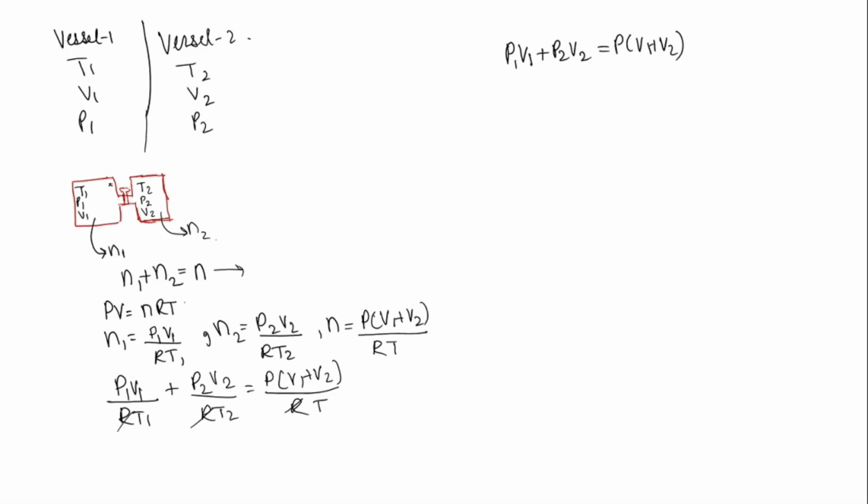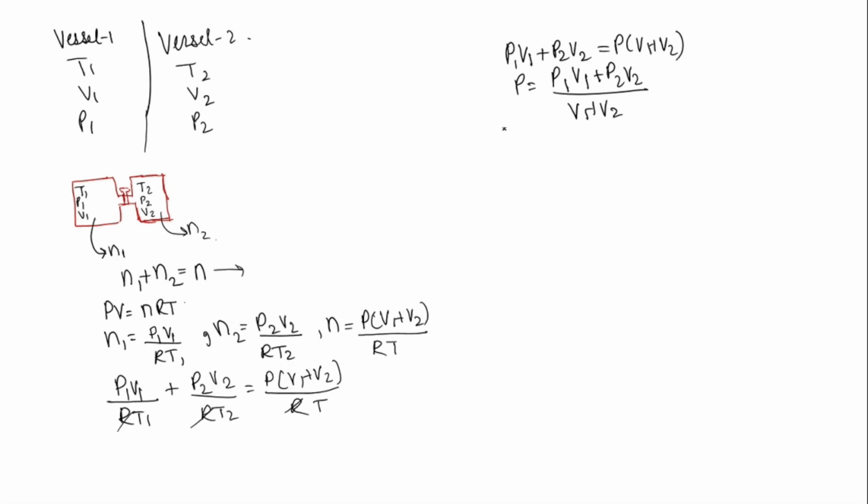The same thing, if we conduct this experiment when the temperature is constant, P1 V1 plus P2 V2 will be equal to the pressure when the system is in equilibrium into V1 plus V2, the volume of this plus the volume of this. So from this we get pressure is equal to (P1 V1 plus P2 V2) by (V1 plus V2).